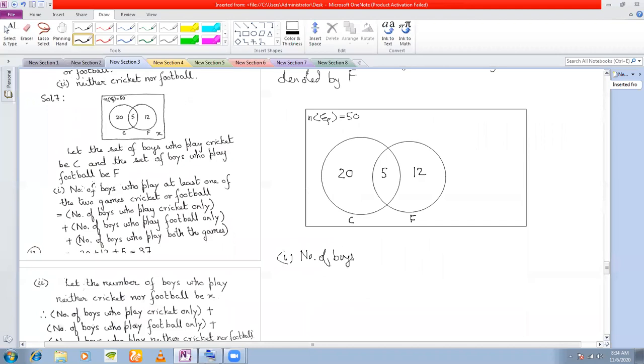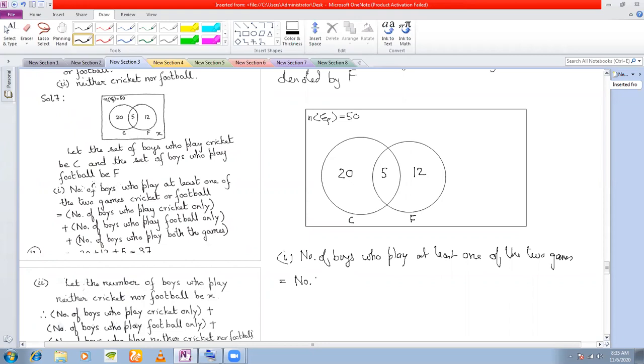Suppose in your class there are certain boys who play cricket, certain boys who play football, and certain boys who play both. You will think of the number of boys who play cricket only, football only, and both.